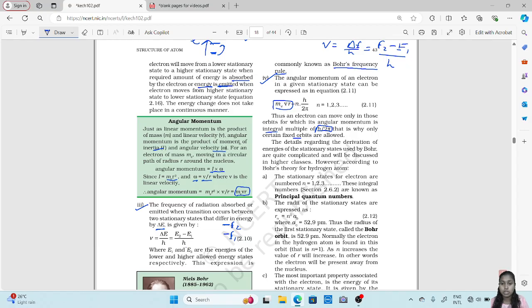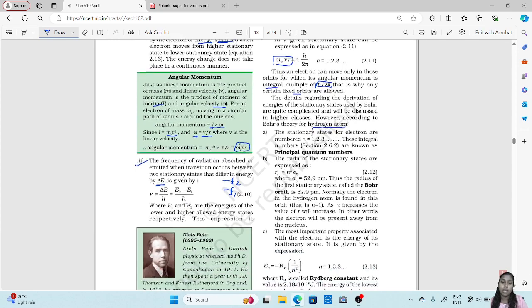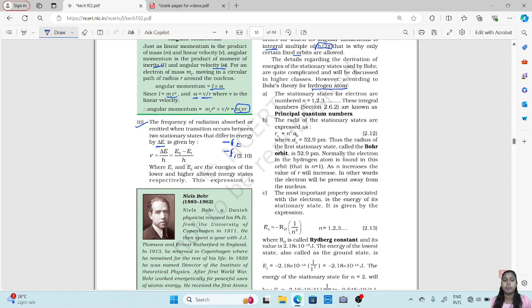Now let's see how it is for the hydrogen atom according to Bohr's theory.